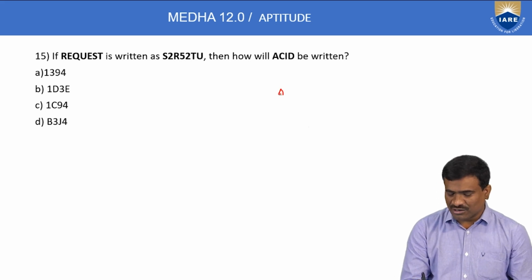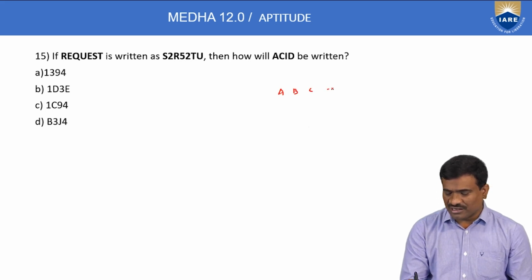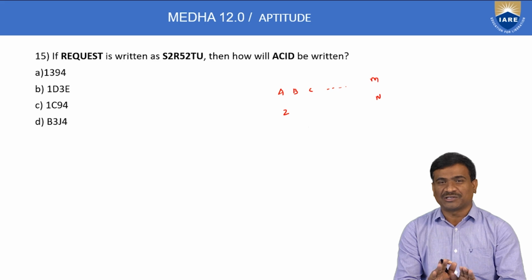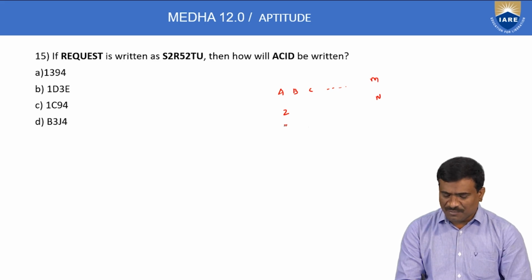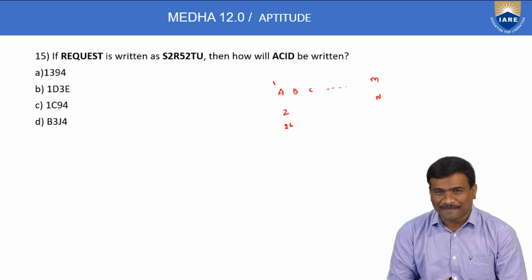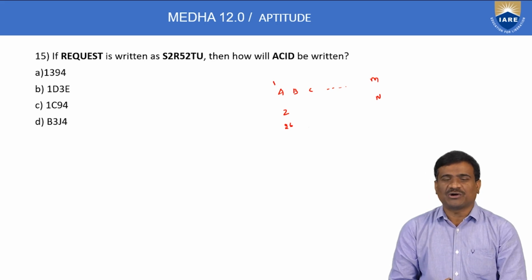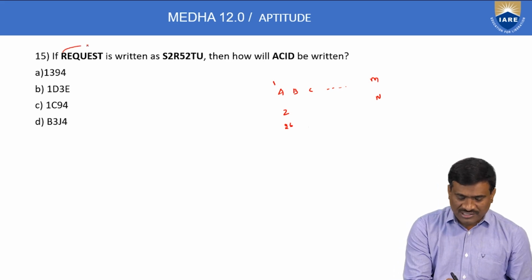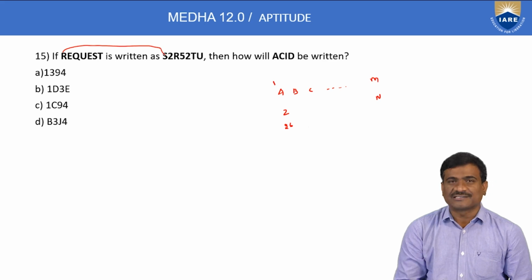Write in ascending order A, B and so on up to M. Next N to Z. Here A to Z, Z to A is the cyclic repetition. Z is number 26, then A is 27, which is 1, because A to Z, Z to A is cyclic repetition. B 28 or 2, C 29 or 3 and so on. But here R becomes S.